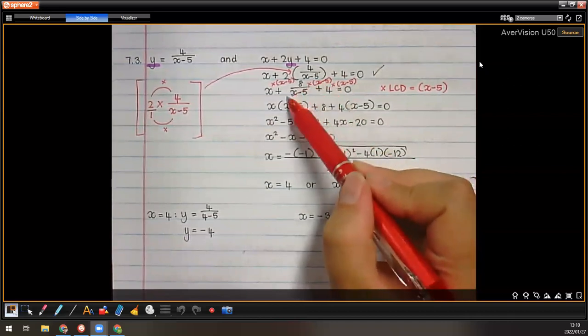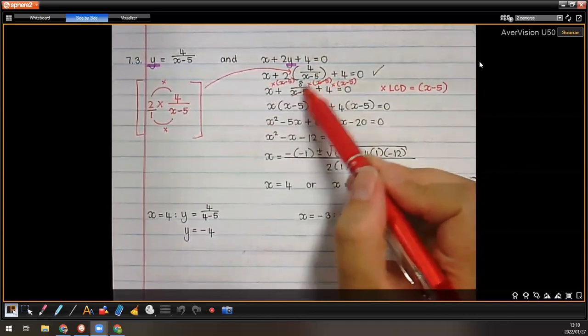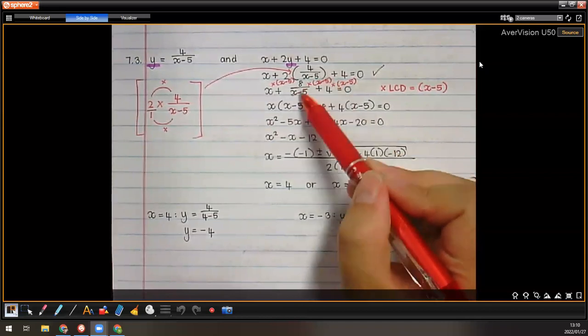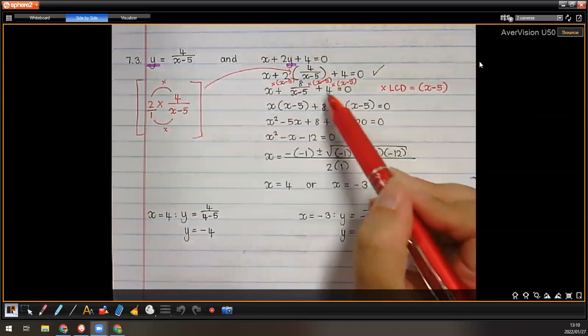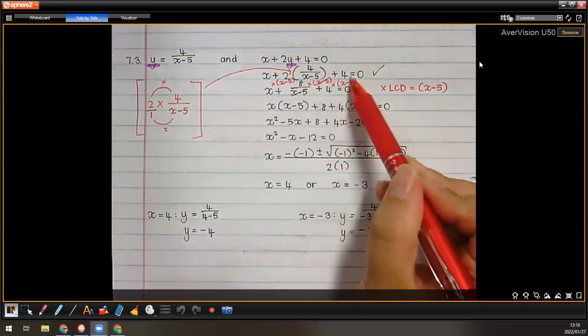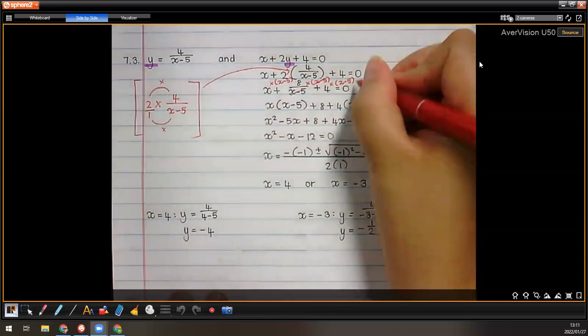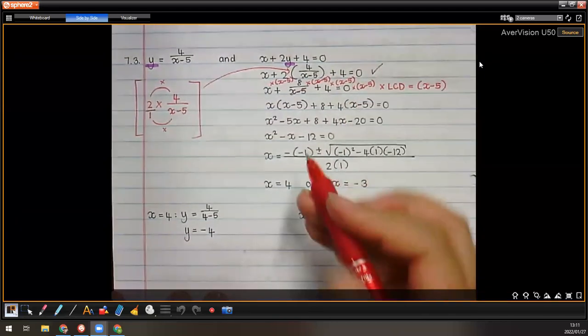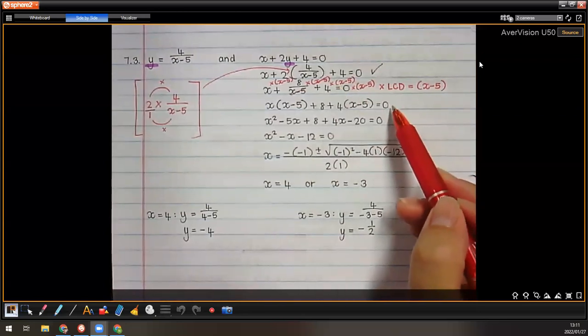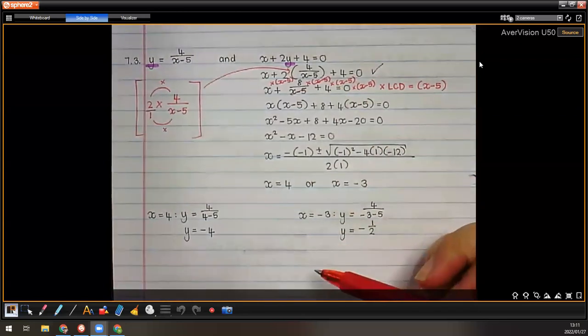All right, be cancelled out by that x minus 5 that I put there. I'm just going to be left with plus 8 in that term. Plus 4 must now also be multiplied by x minus 5. And remember the 0 also. All right, but because it's a 0, it's just going to stay 0 this time. Yeah, but remember, it has to be every single term in the whole equation, both sides.